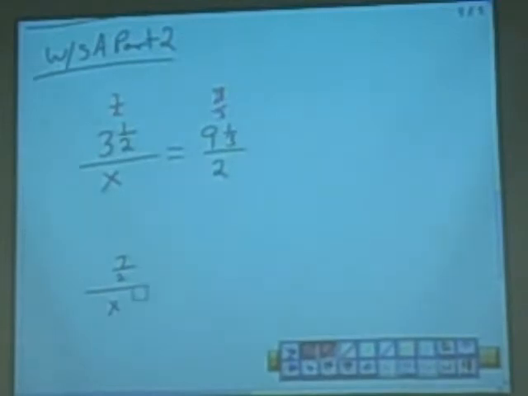Otherwise you're wondering, what's the numerator and what's the denominator here? So I like to exaggerate where they are. Equals 28 over 3, and that's over 2.